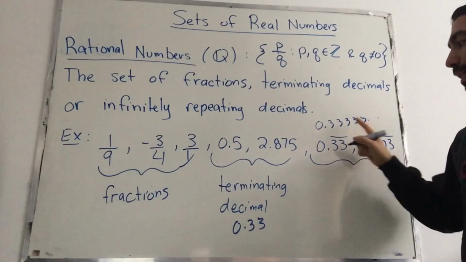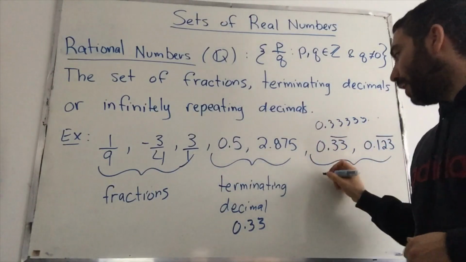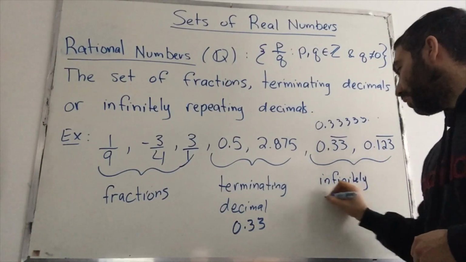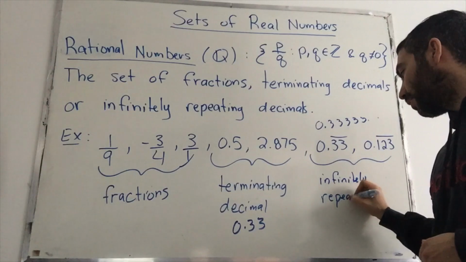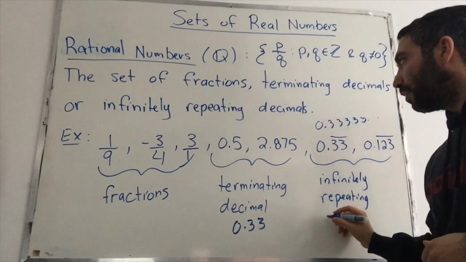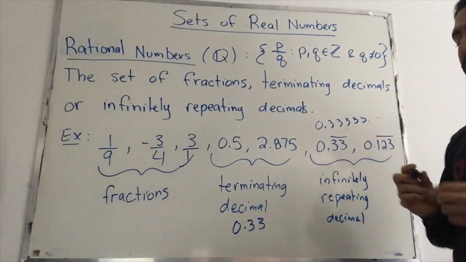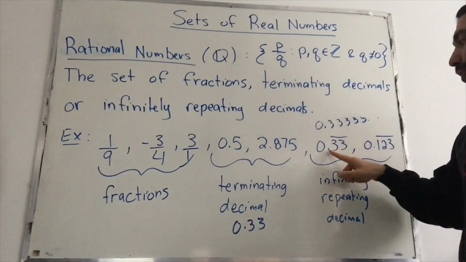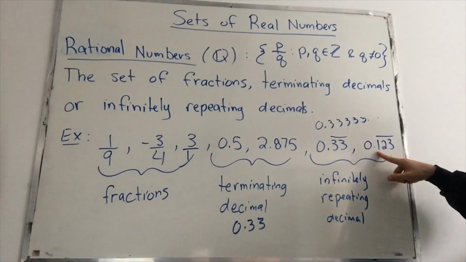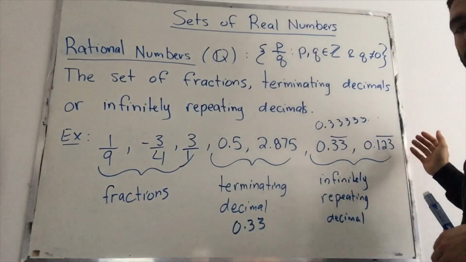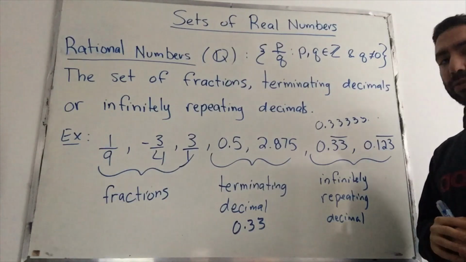When this happens, we have an infinitely repeating decimal, and these are rational numbers. Make sure there's a pattern that repeats. In the second example here, it's 0.123, 123, 123, 123 forever. It continues with that pattern. Therefore, that's a rational number.